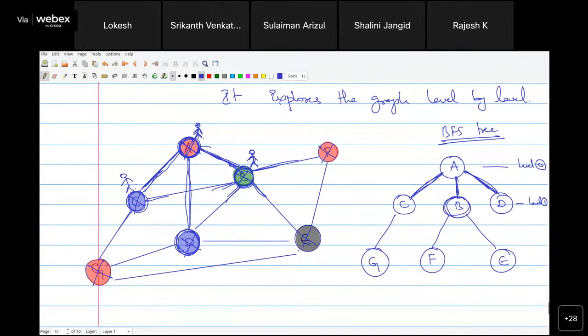But still from A there is one more vertex, D, that needs to be visited. I will go to vertex A again and visit vertex D. Once I visit vertex D, I will see the neighbors, but all the neighbors are already explored, so I will not worry about them. There is no unexplored vertex left.